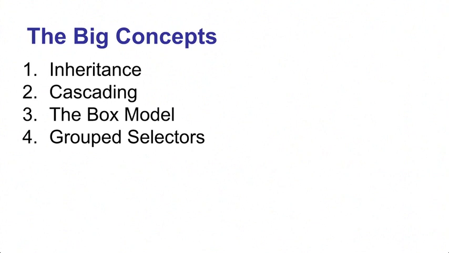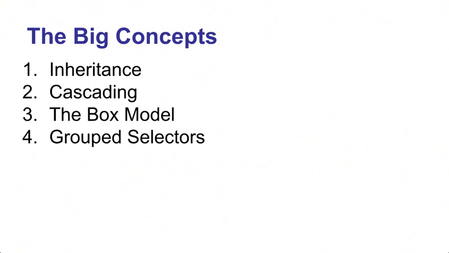With these preliminaries out of the way, the book proceeds to four big concepts, more like three big concepts and one sort of big one, that everyone needs to know to write CSS rules. The first, inheritance, can be used to cut down significantly on the number of rules one has to write to style a page. The second is cascading, which allows rules to be combined from multiple sources.